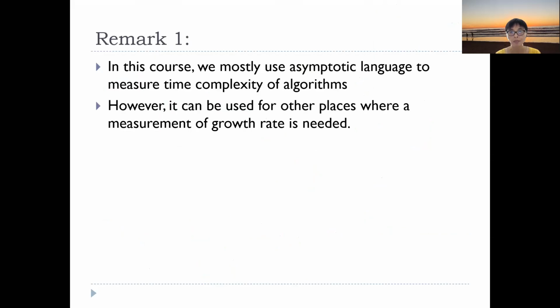Now, as I mentioned, we introduced this asymptotic language to help us measure the time complexity of algorithms, also maybe space complexity. But the use of this asymptotic language goes beyond just analyzing algorithms. You can use it in other places where you want to focus on the growth rate.